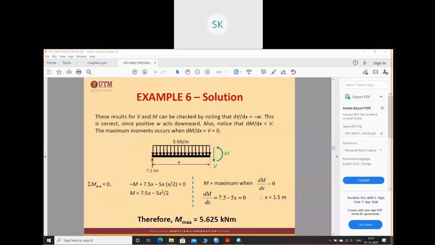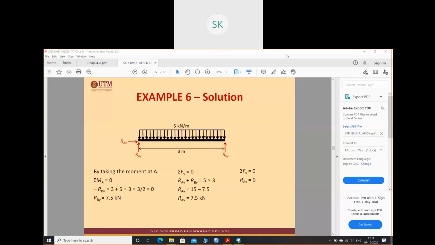Okay. So after finding out the support reactions, what we'll do? If we make one section here, it will be sufficient. Suppose let's draw the free body diagram of this. This is the section.